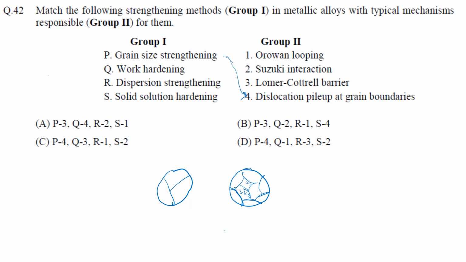Next is work hardening. Suppose this is the specimen and we are applying some force. Whatever dislocation moves is seen to break into two partial dislocations.